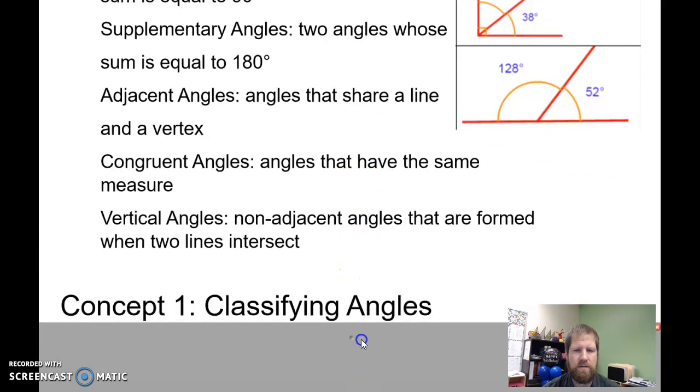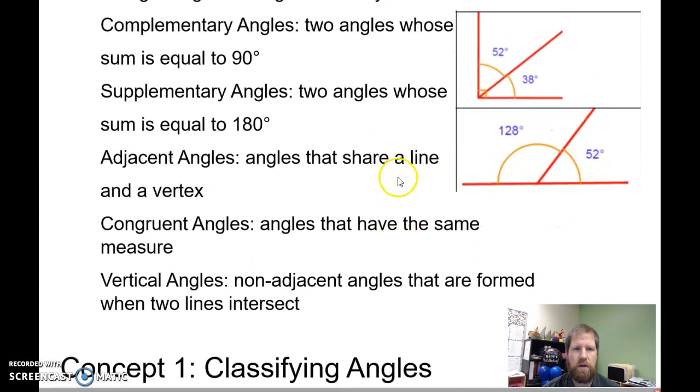The last three are other types of angles. So adjacent angles are angles that share a line and a vertex. So all supplementary and complementary angles, when they look like this, are going to be adjacent.